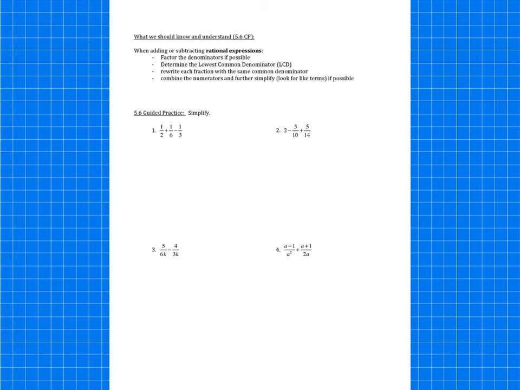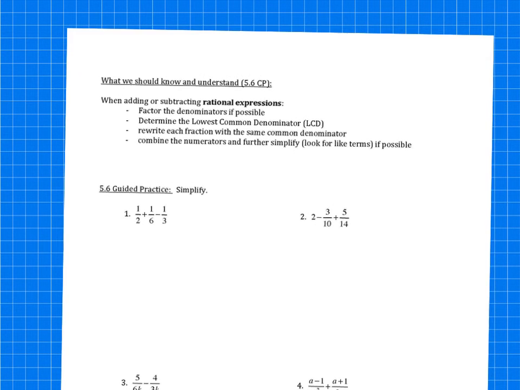Let's go ahead and take a quick look at these. First off, let's factor the denominator. So this is what we did. Factor the denominators. Determine the lowest common denominator.